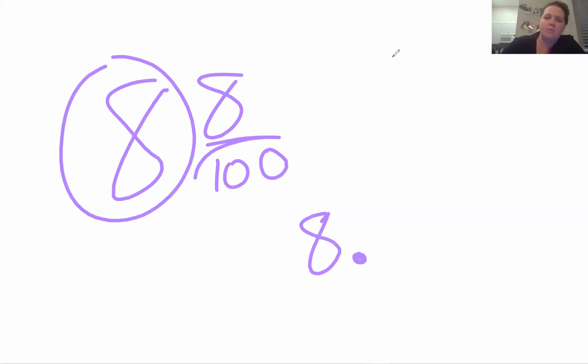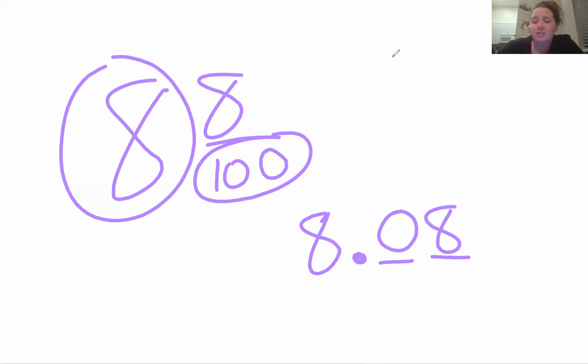Then I look and I say, what decimal place am I in? Well, I have to be in the hundredths place. So whenever this number is on top, it has to go into the hundredths spot. And I can't leave the tenths spot blank, so I have to put a 0. So this is 8 and 8 hundredths. I have to put a 0 there if it's blank.